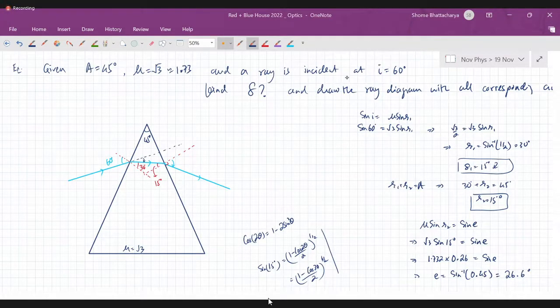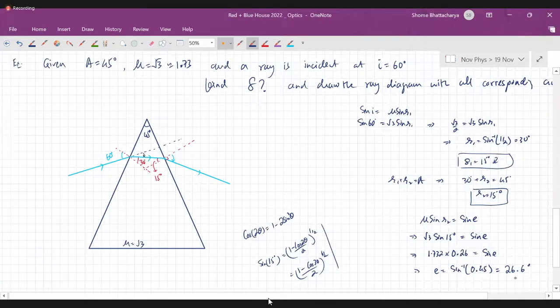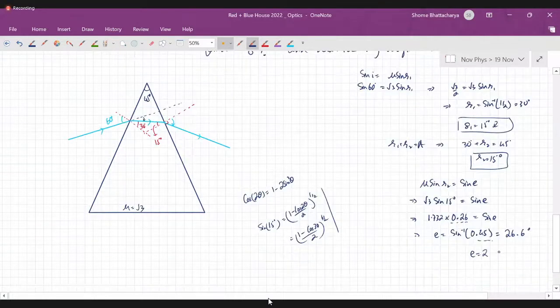So I made use of a calculator twice. At the exam you'll either be given values which you know, or the corresponding sine and cos values will be given to you, sine and sine inverse in this case. So in this step and again in this step I made use of a calculator. Anyhow, I'm getting the angle of emergence as 26.6 degrees approximately.